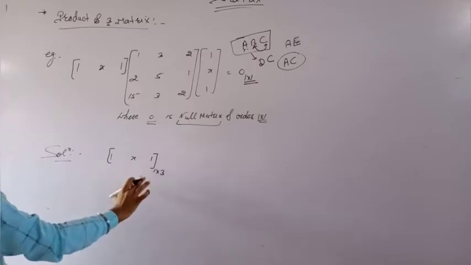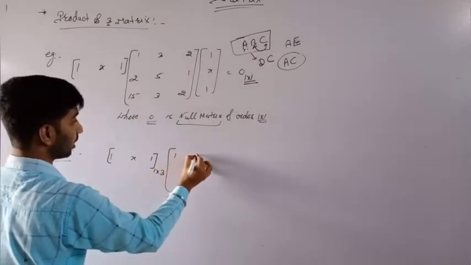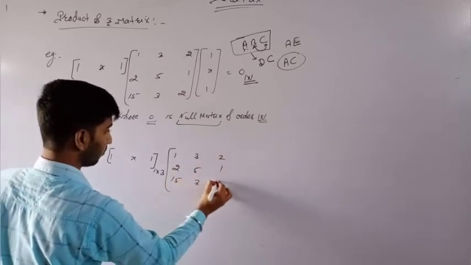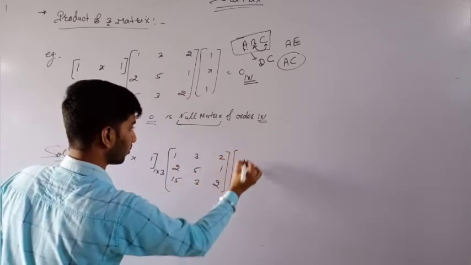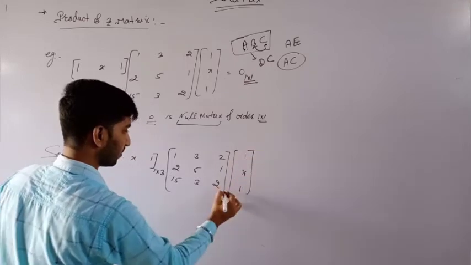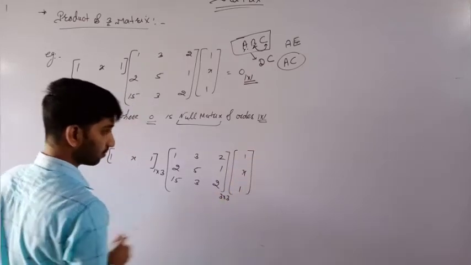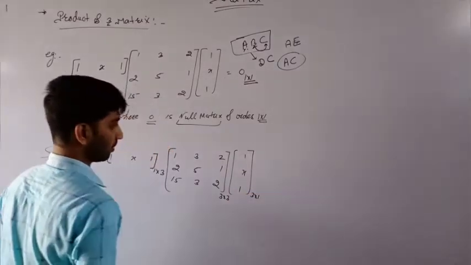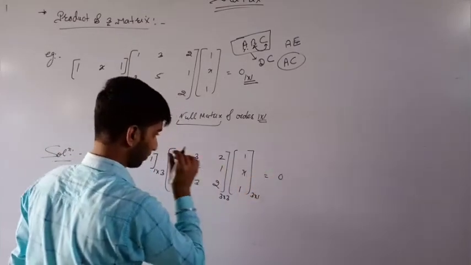It is a row matrix: 1, 3, 2; the second is a square matrix of 3 cross 3: 2, 5, 1, 15, 3, 2; and the third is a column matrix of 3 rows and 1 column, and the answer is 0.